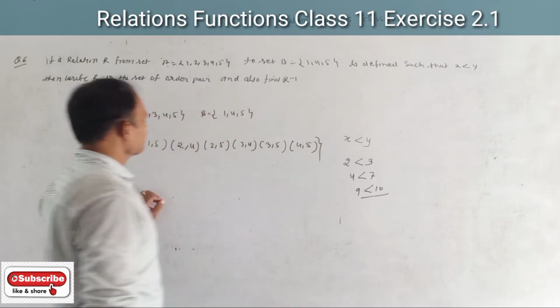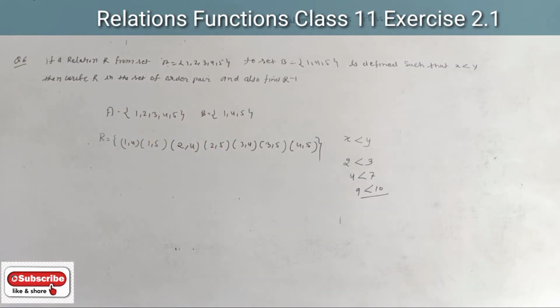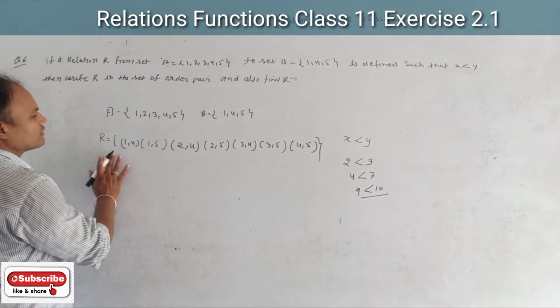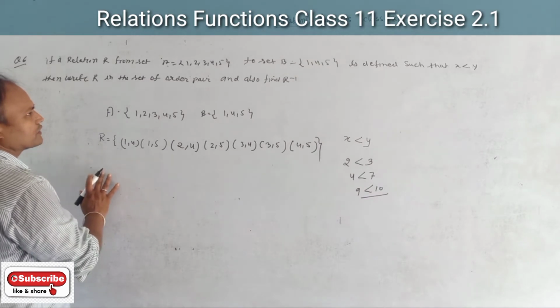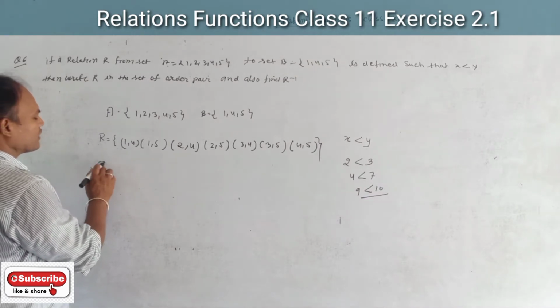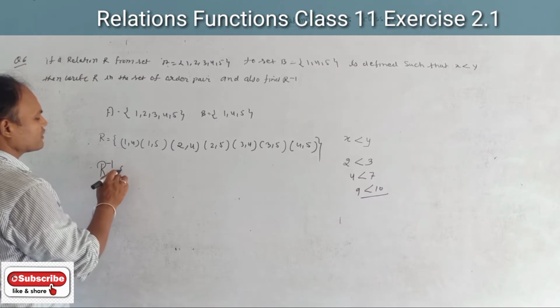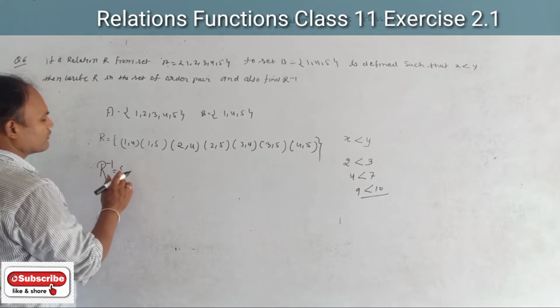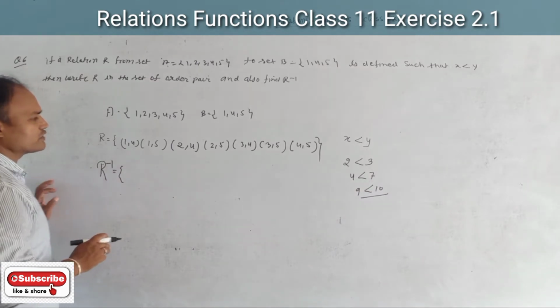So we can say that this is R. Your R is {(1, 4), (1, 5), (2, 4), (2, 5), (3, 4), (3, 5), (4, 5)}. Since this is R and it is a set of ordered pairs, what about R inverse? When we say R inverse, just do the opposite of the elements, just replace the elements with each other.